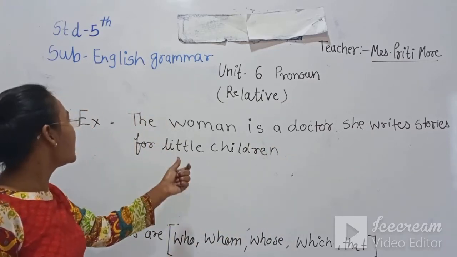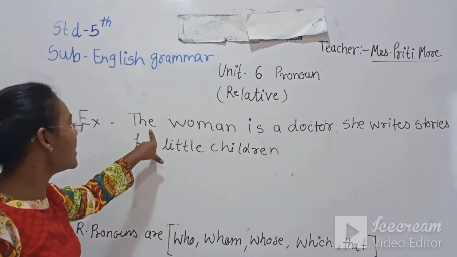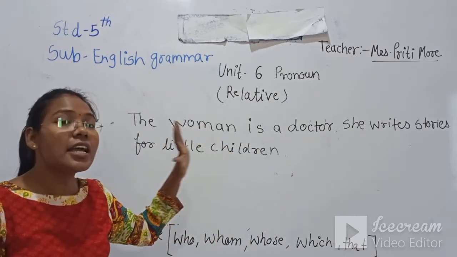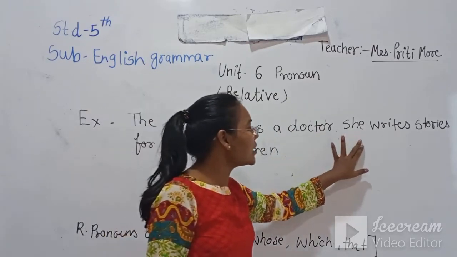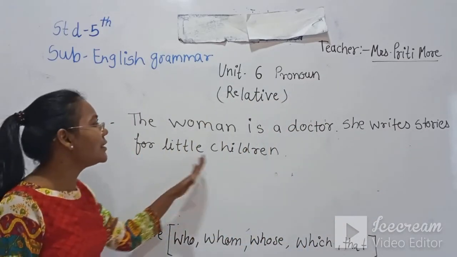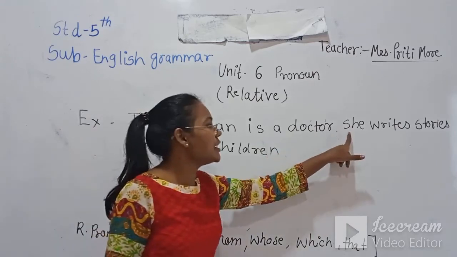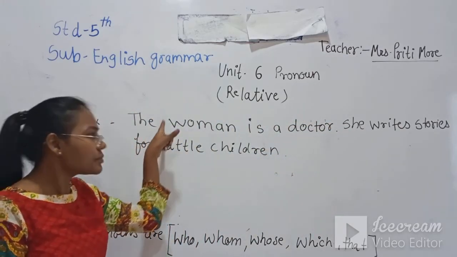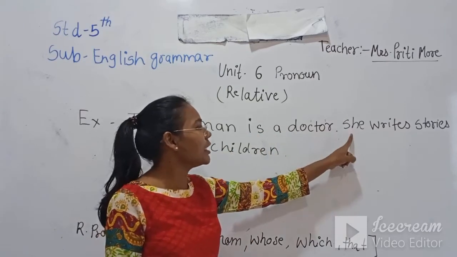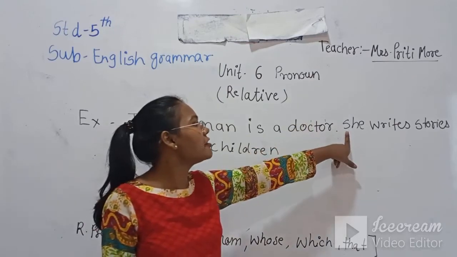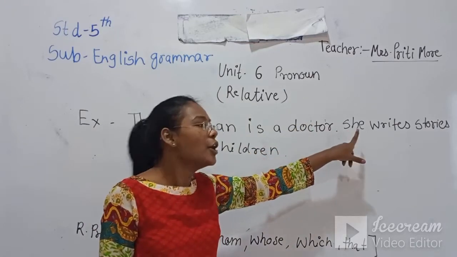Now see, two sentences you can see. The first one is: The woman is a doctor, full stop. That means the first sentence is completed. Now the second sentence is: She writes stories for little children. That means the 'she' here, the pronoun, is used for the woman. We haven't repeated the word woman again here. That's why in the place of the woman we have written 'she'. That means 'she' is the pronoun.